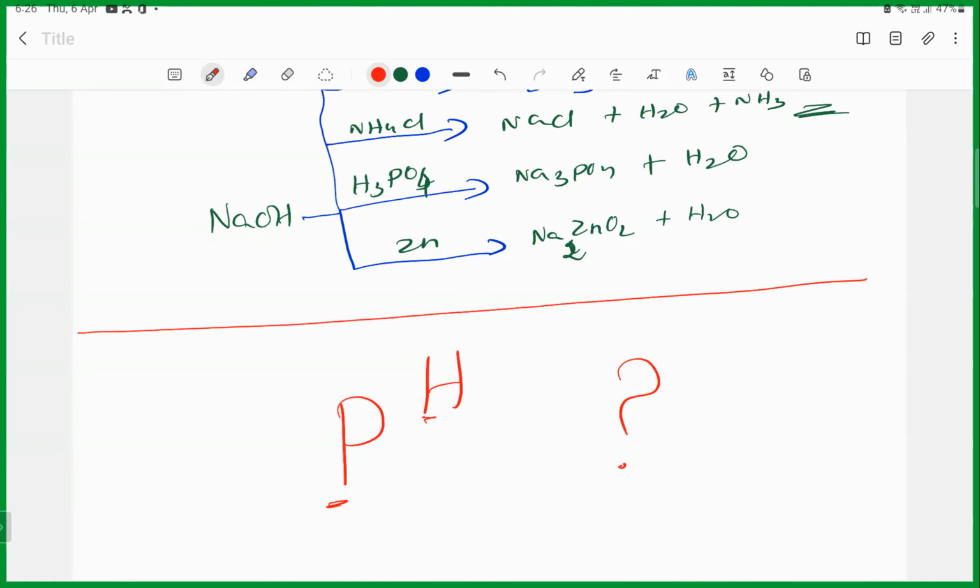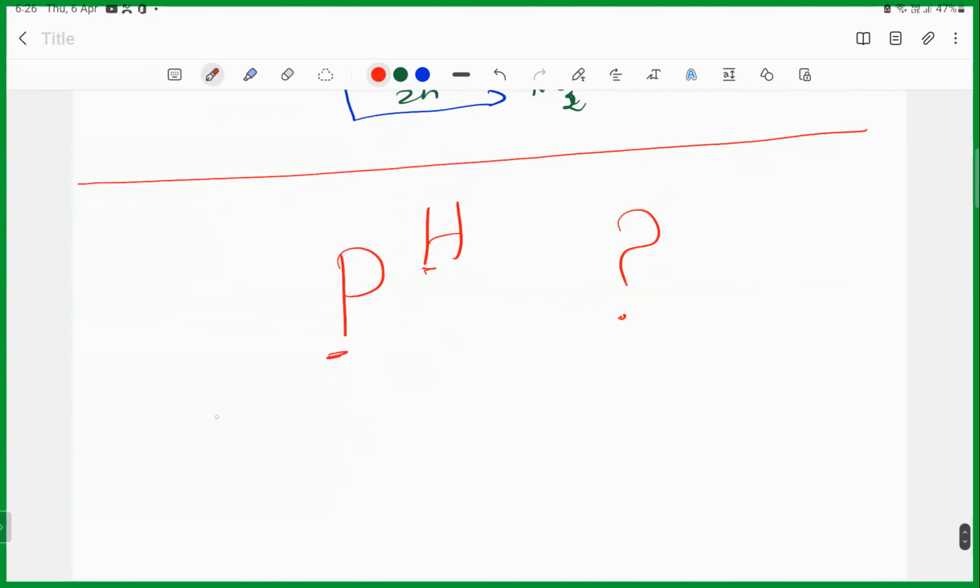What does pH stand for? Potential of hydrogen. Potential of hydrogen is known as pH. So what is potential of hydrogen? It is the amount of hydrogen ions in a particular solution. The more ions, the more acidic the solution.